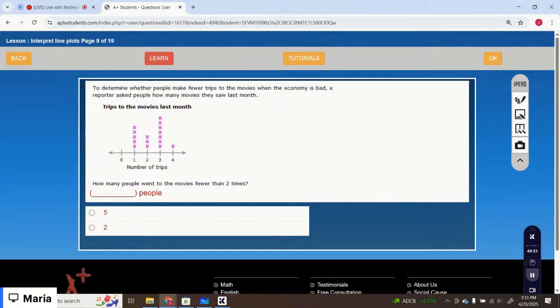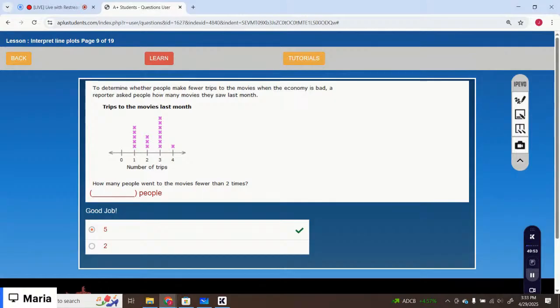Fewer than two is 1, 2, 3, 4, 5 times. That is five. Option number one is the correct option.